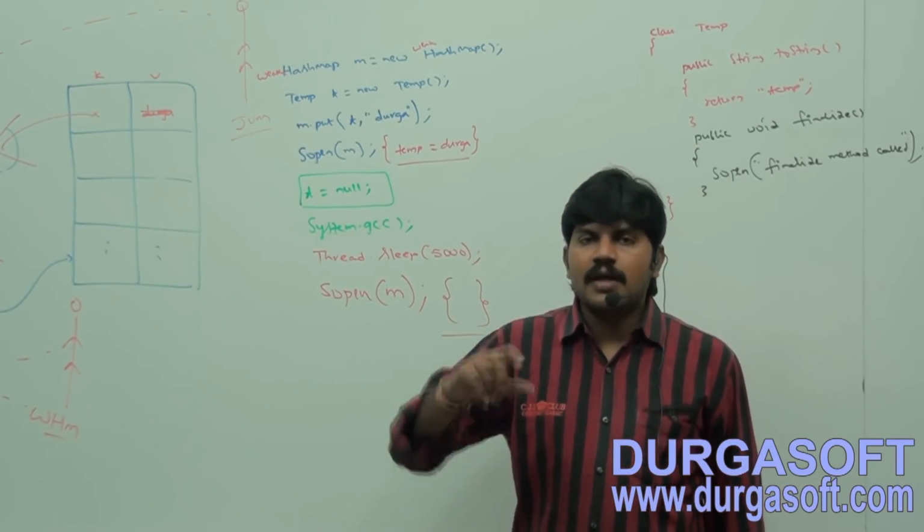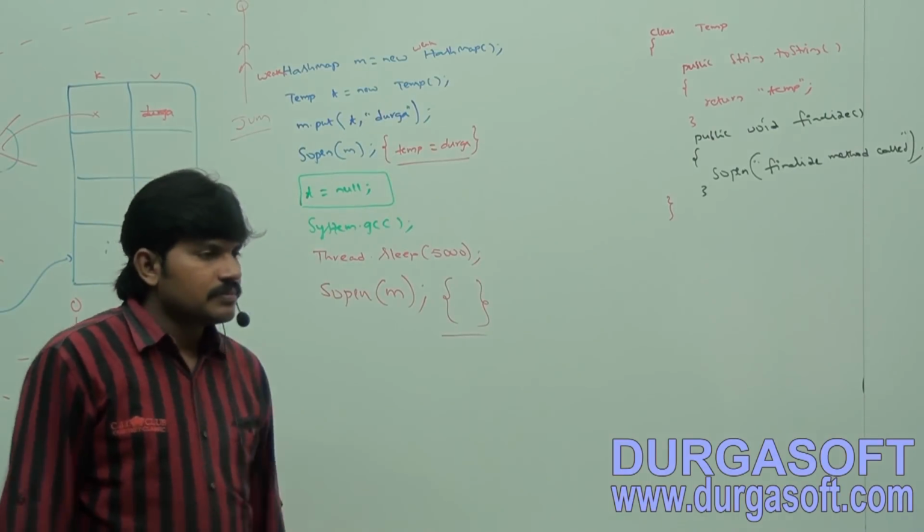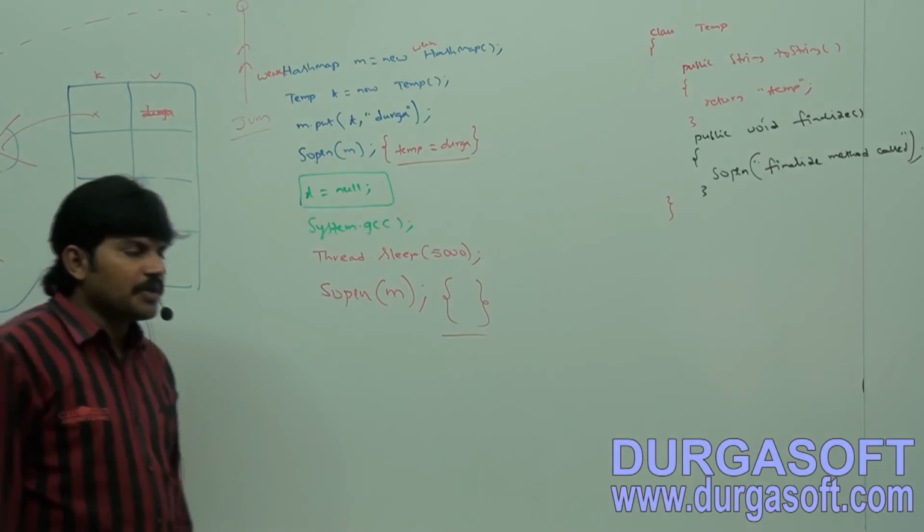That is, HashMap dominates garbage collector.